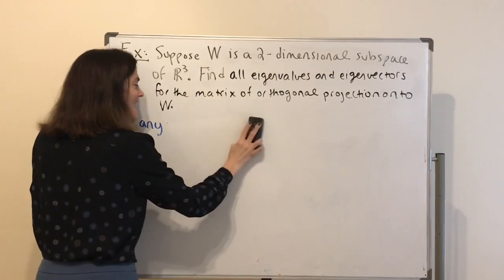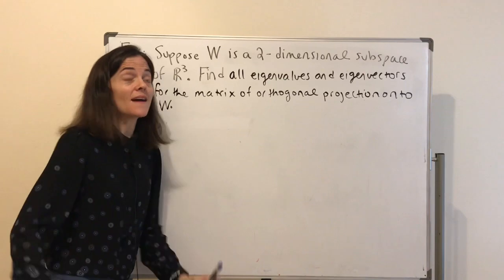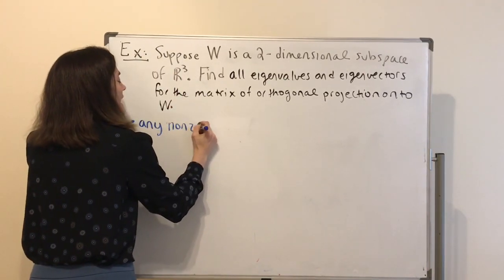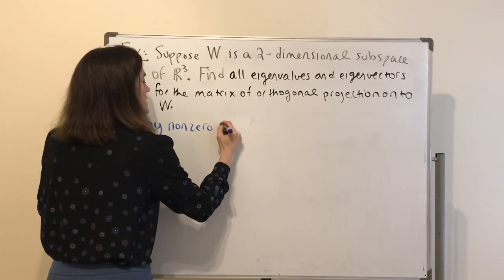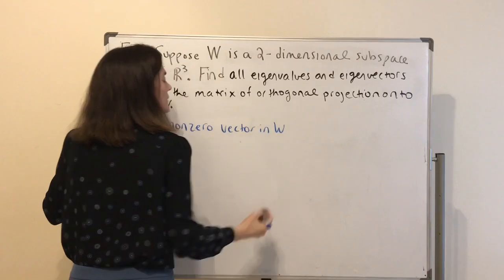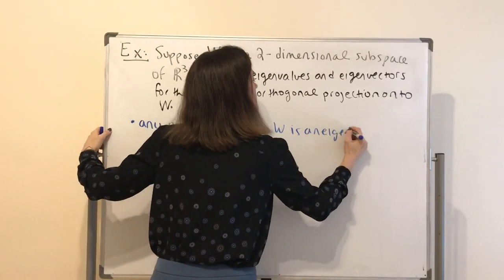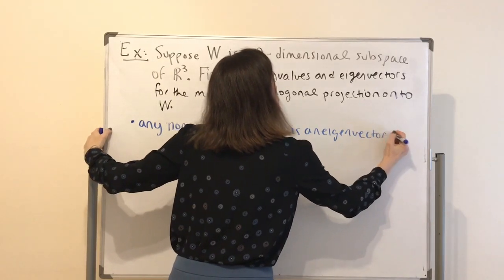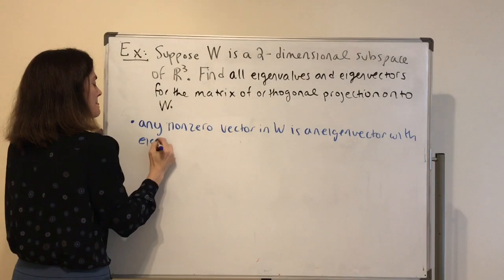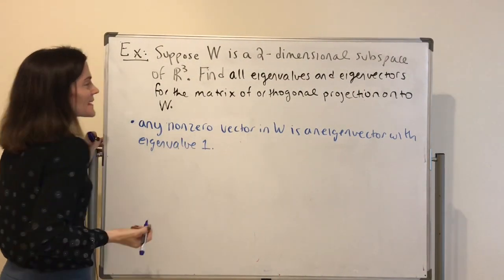It is not the case, what I was about to say, that any vector is an eigenvector, any non-zero. Eigenvectors must be non-zero. Any non-zero vector in W is an eigenvector with eigenvalue 1. Okay?